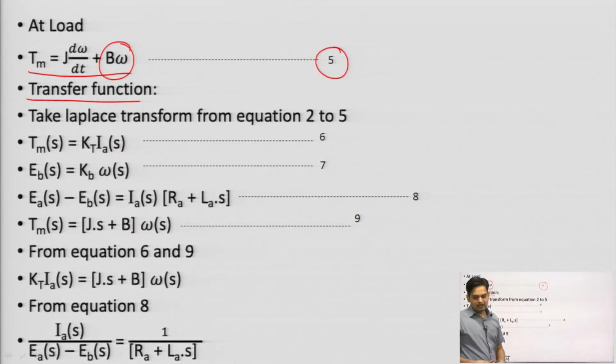From these five equations we would like to derive the transfer function for the armature controlled servo motor. If we take the Laplace transform, then we will get this equation for torque, J d omega by dt. It will be replaced by, oh sorry, this is not the expression, K t times I a. Let me see.